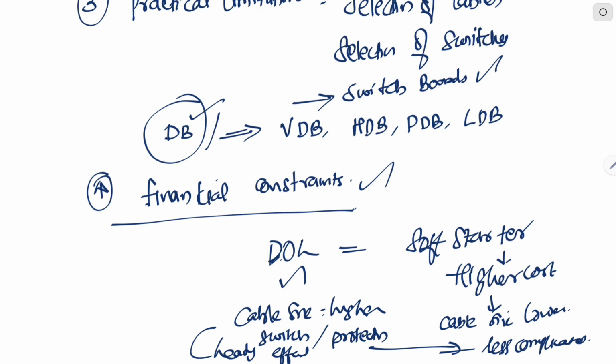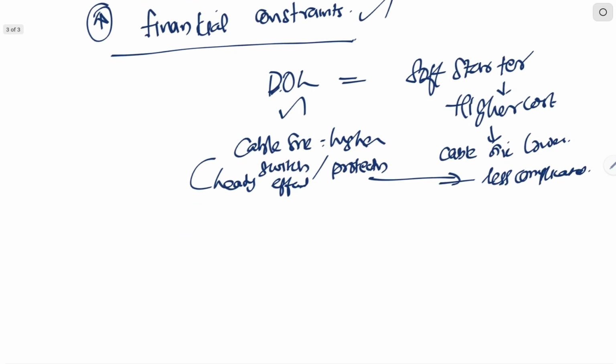So we are dealing with the four important points: the technical requirement, theoretical principles, practical limitations, and financial constraints. So in every electrical installation design, we must understand the technical requirements. So while we are going to a discussion with the owner during the consultancy time, we have to first understand the technical requirement.